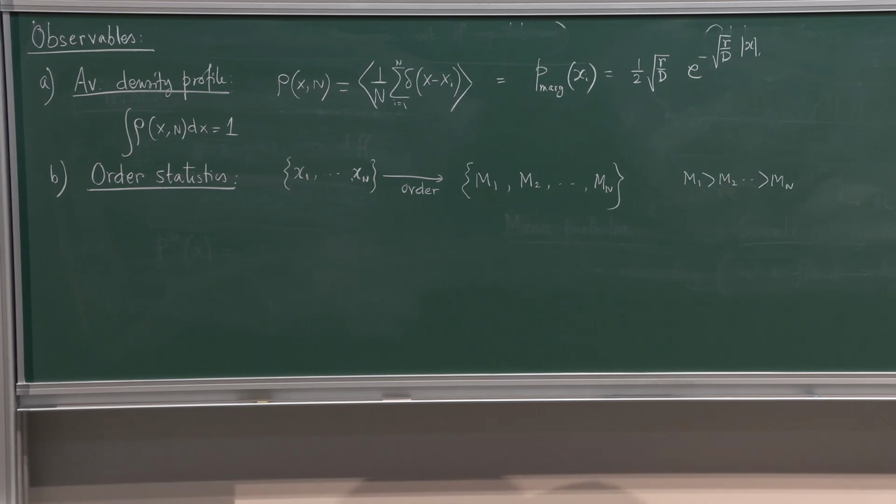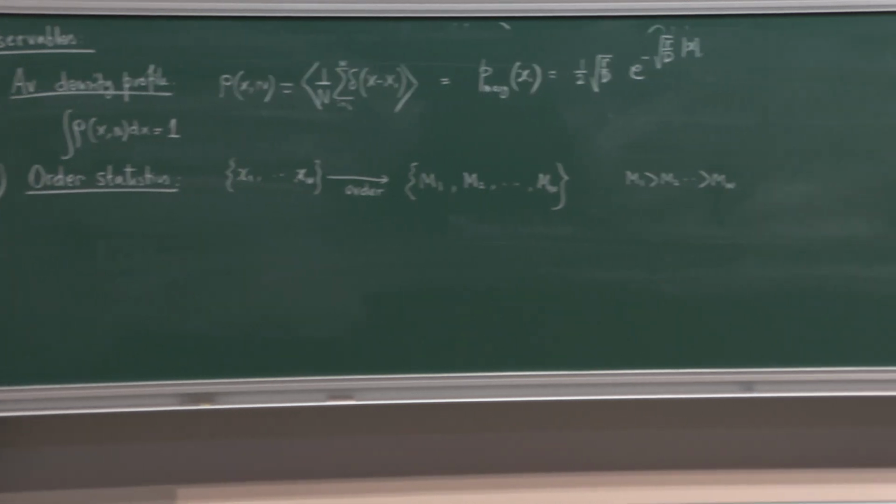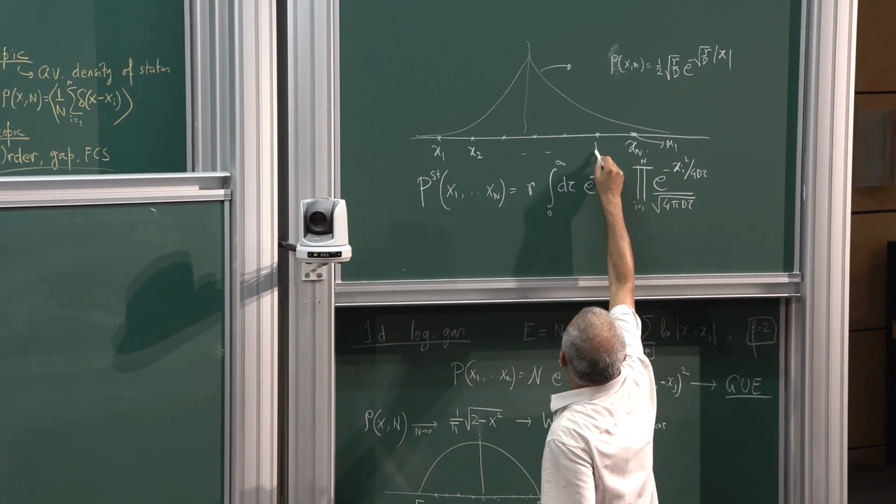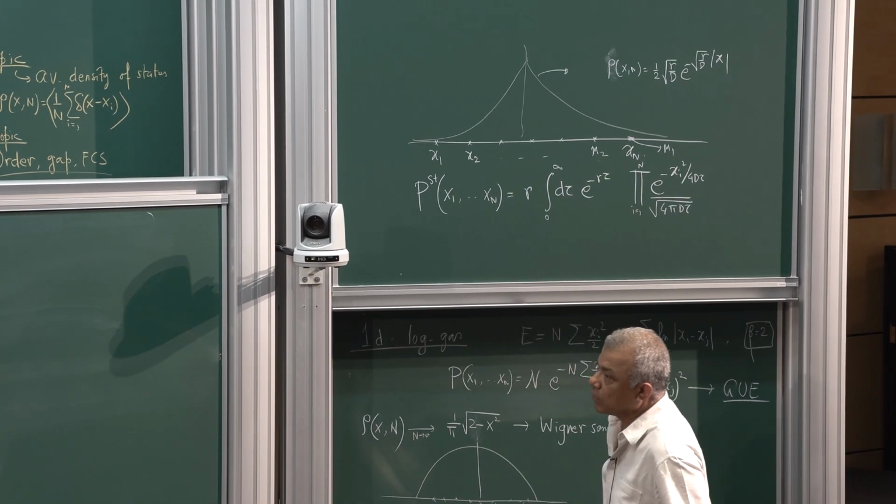So I just consider this gas. So this is the rightmost particle. Its location is M1. The second rightmost is M2, etc. Okay.